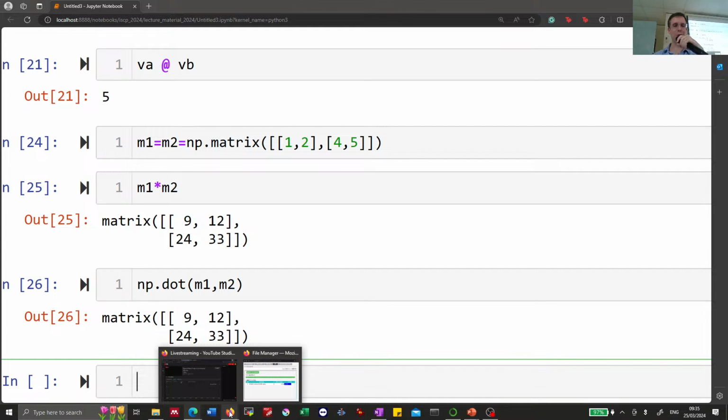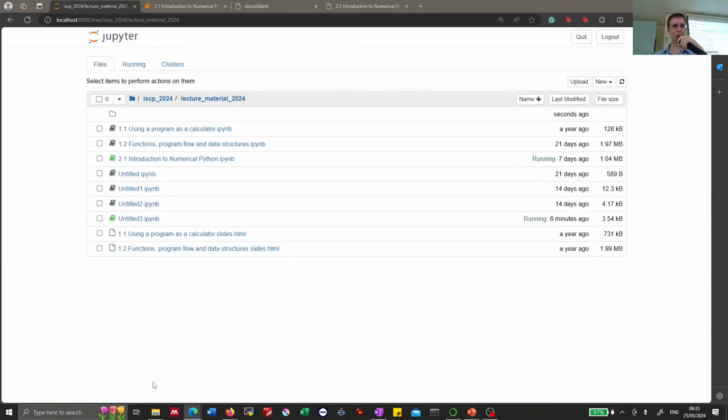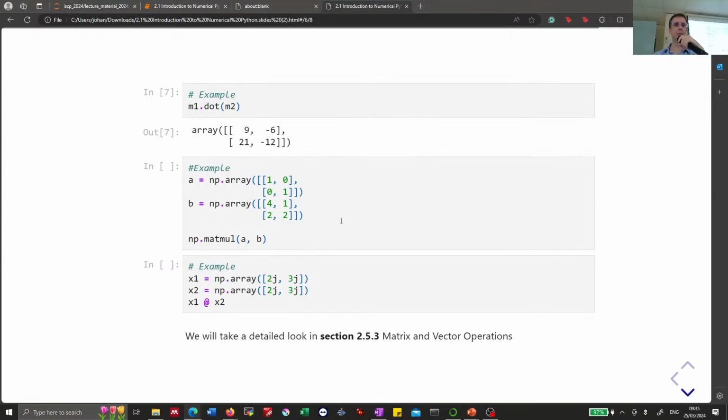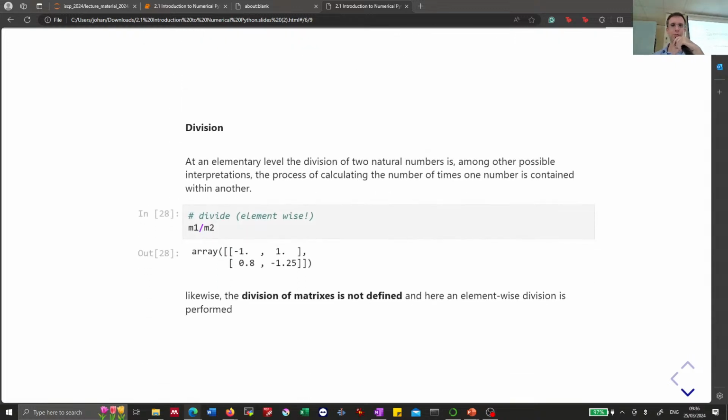Because actually you can do so much with these simple operations already. This is again very important. We will have a detailed look in section 253, matrix and vector operations. So this was just the start. There will be more.